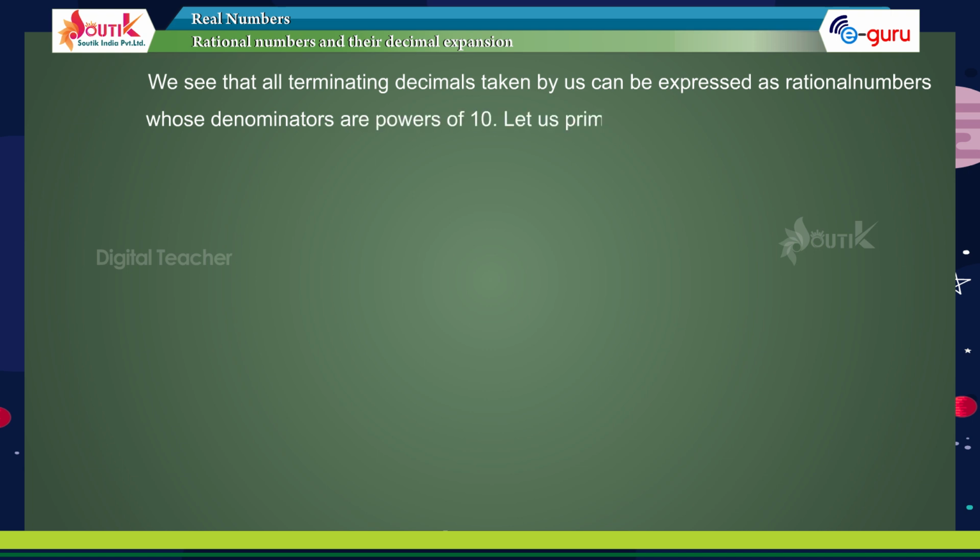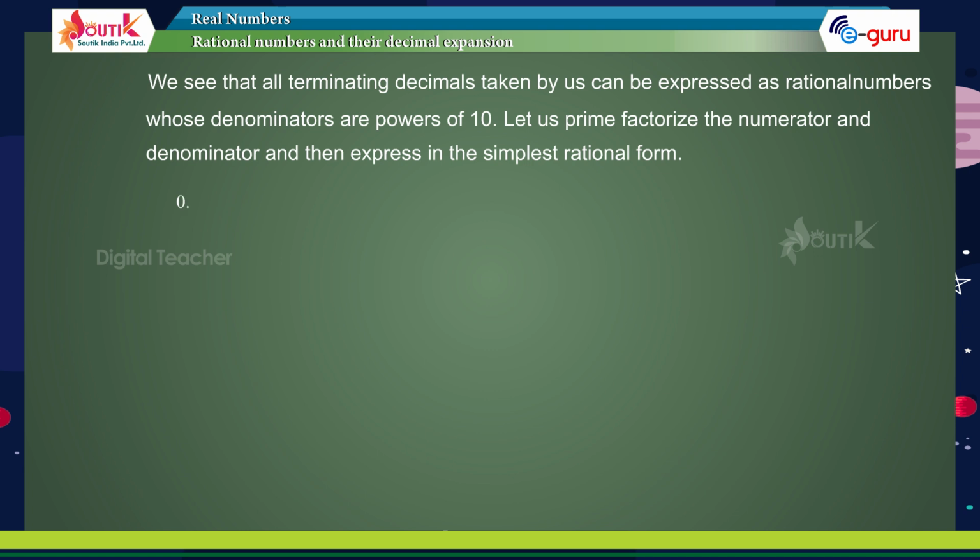Let us prime factorize the numerator and denominator and then express in the simplest rational form. 0.375 equals 375 by 10 to the power of 3, which equals 3 into 5 to the power of 3 divided by 2 to the power of 3 into 5 to the power of 3, which equals 3 by 2 to the power of 3, which equals 3 by 2 into 2 into 2, which equals 3 by 8.